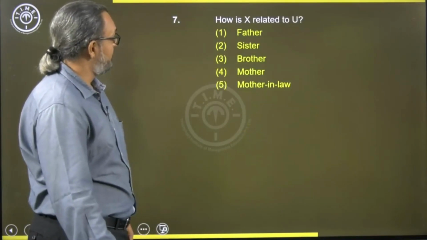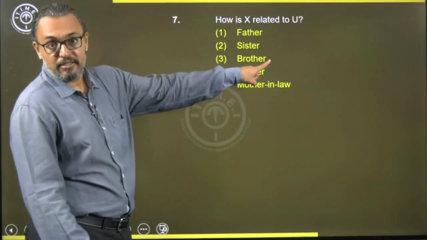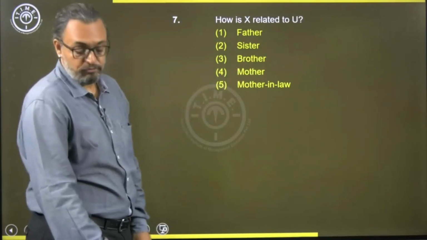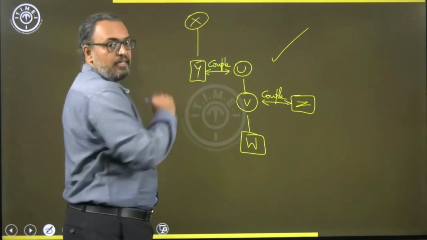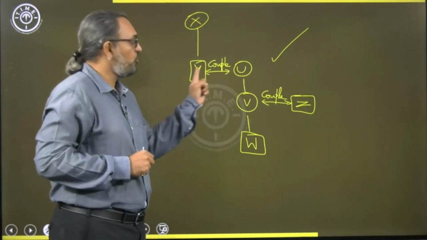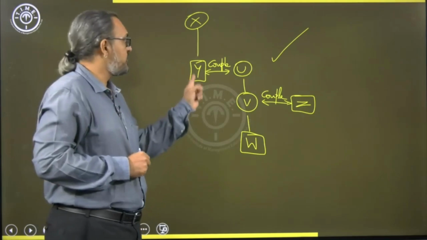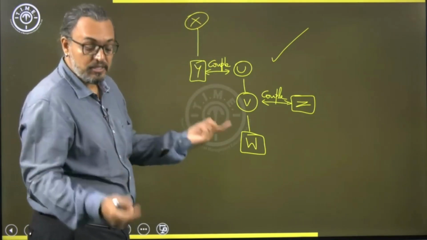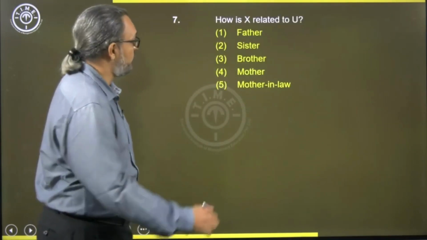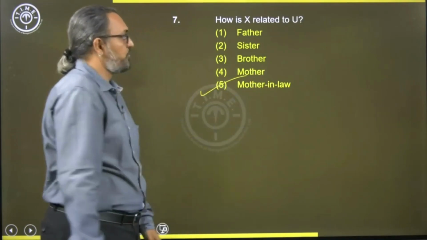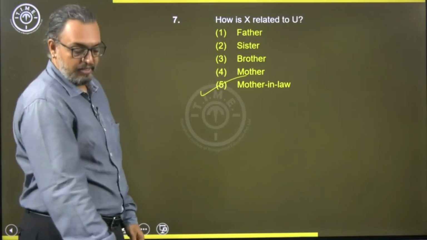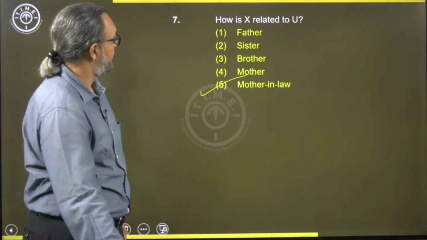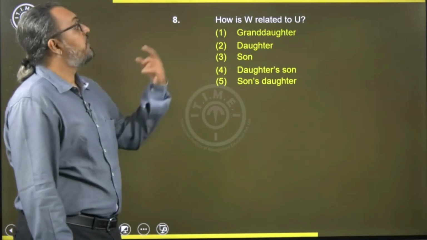Questions? How is X related? So from U we have to check. So from U, how is X related? So from U, you go to Y first, who is a husband, and that husband has a mother. So husband's mother, spouse's mother, we call mother-in-law, 5th option. Then, how is W related?